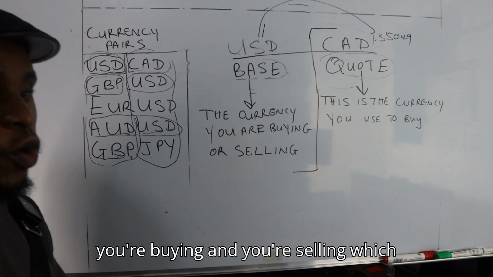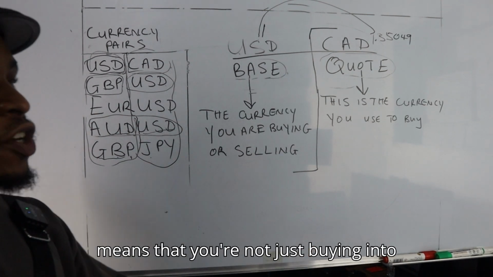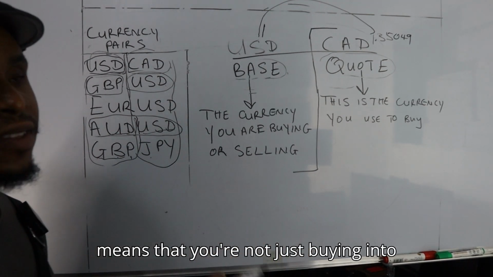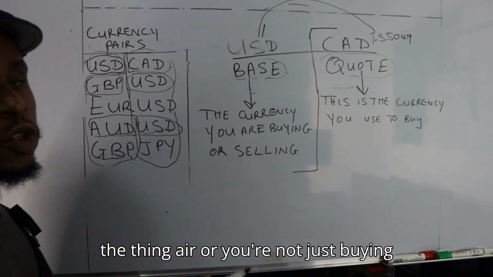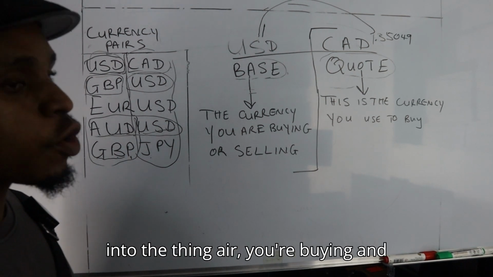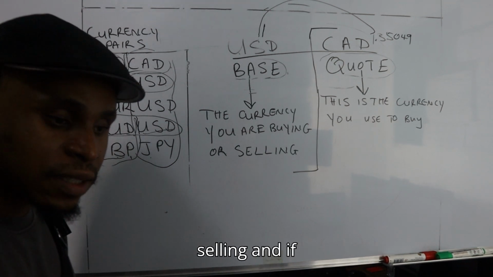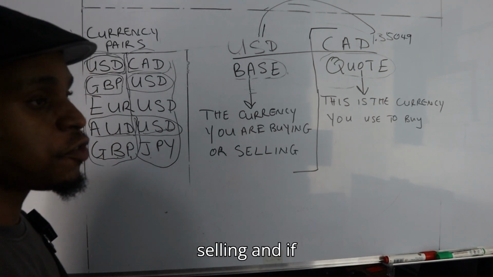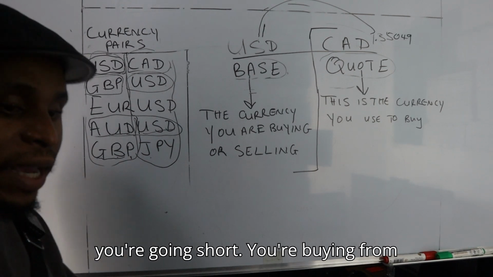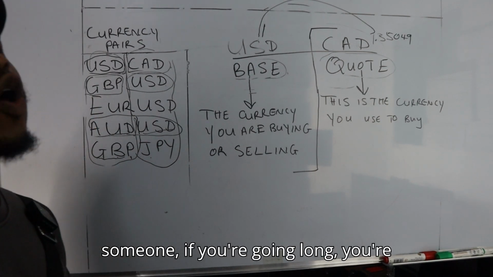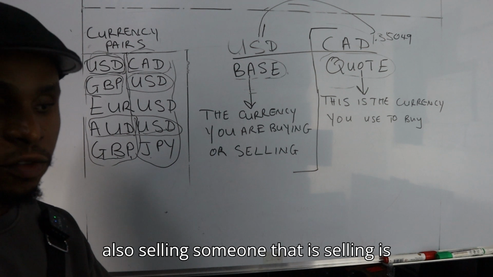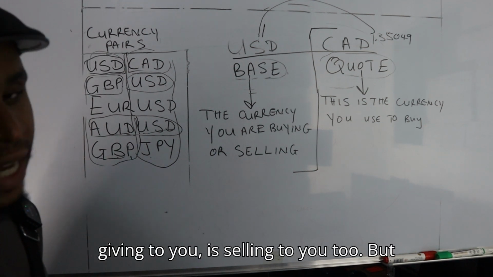You're buying and you're selling, which means that you're not just buying into thin air; you're buying and you're getting from someone that is selling. And if you're going short, you're selling to someone. If you're going long, you're buying from someone that is selling to you too.